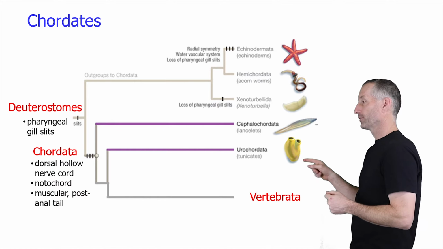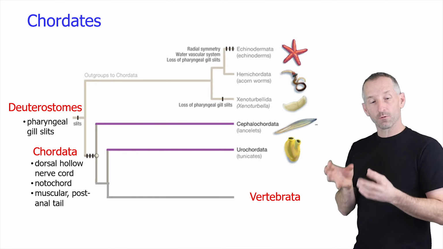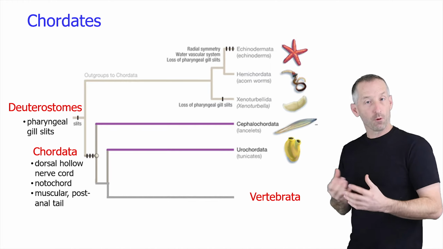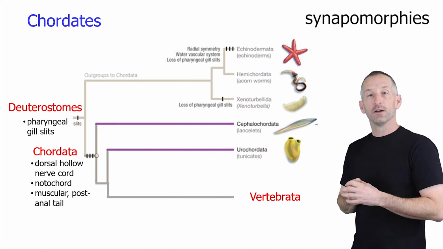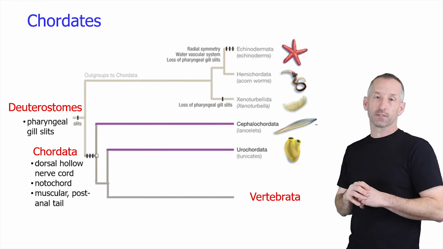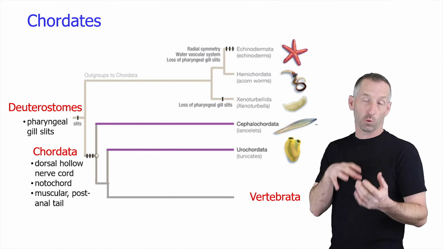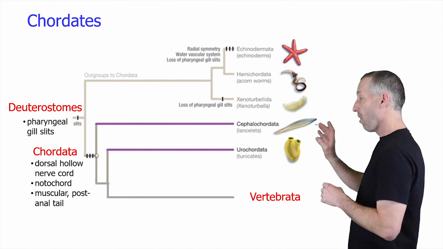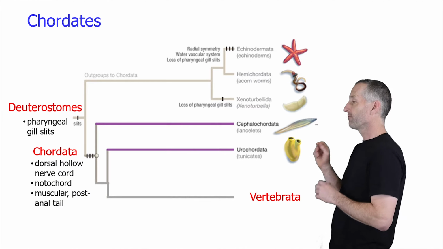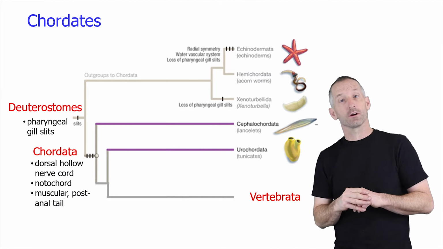Here are some of the branches within the chordates that represent the different shared unique derived features or synapomorphies that represent the things that that entire group has and all of the descendants in that group have, at least from an evolutionary perspective, and sometimes only seen in the developmental forms. All of the chordates have pharyngeal gill slits, and I'll discuss what pharyngeal gill slits are in a moment.